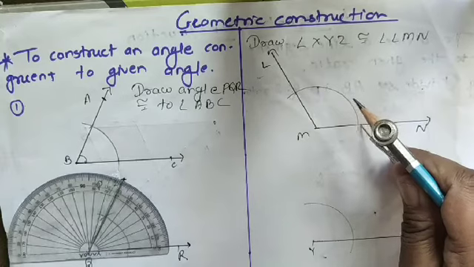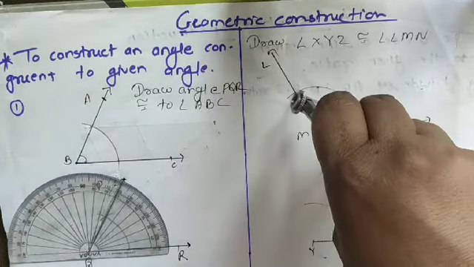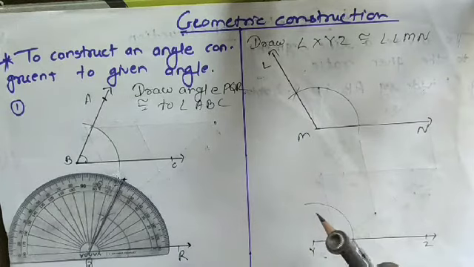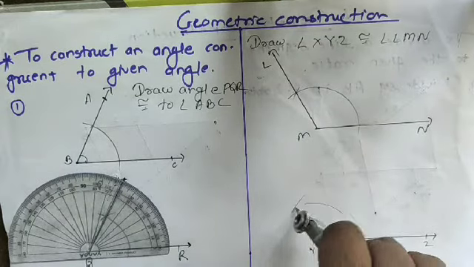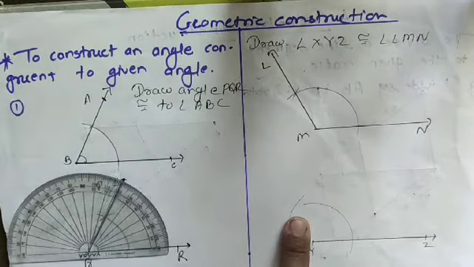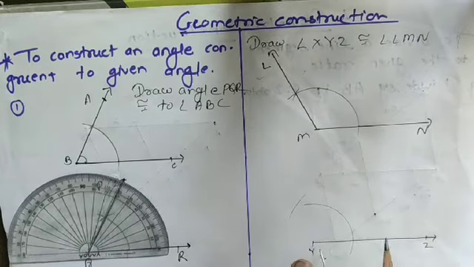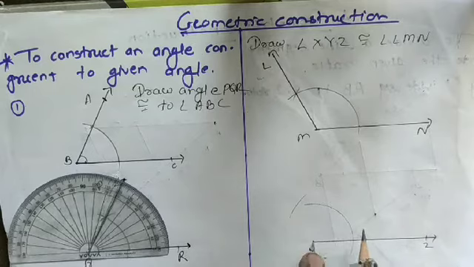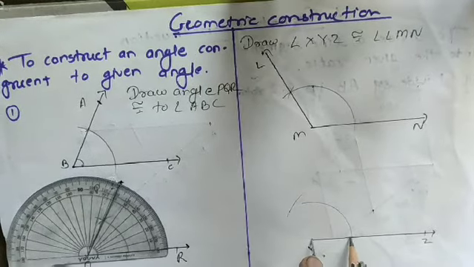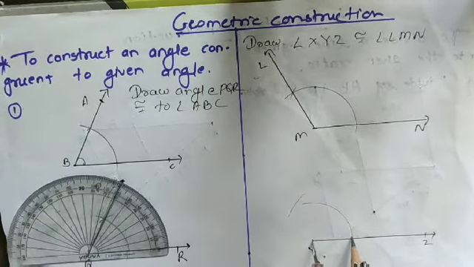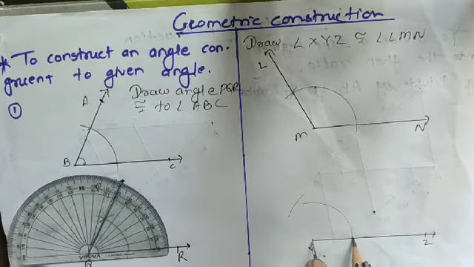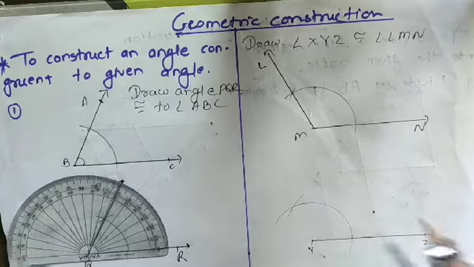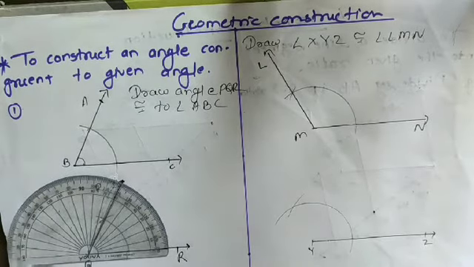So this is the distance I had taken in my compass. Now with it, draw the arc which intersects the first arc. Now it is not intersecting. So what do we have to do now? This is the arc we have already drawn. Change this distance and take this distance in the compass, and extend this arc so that it intersects the first arc.